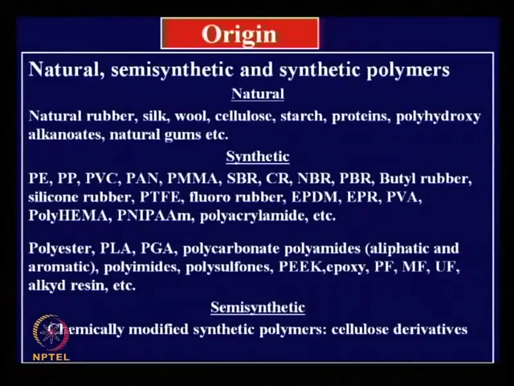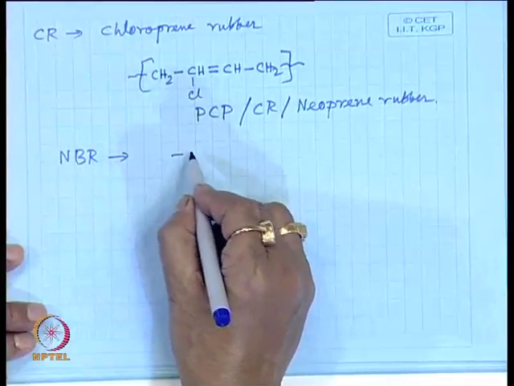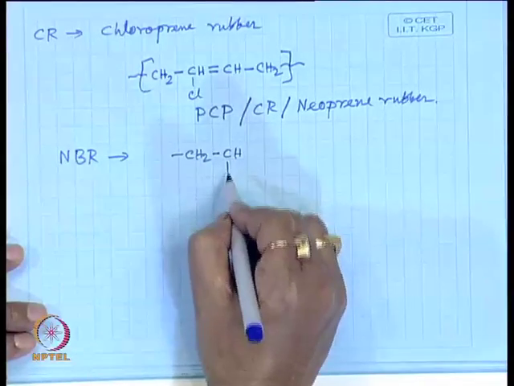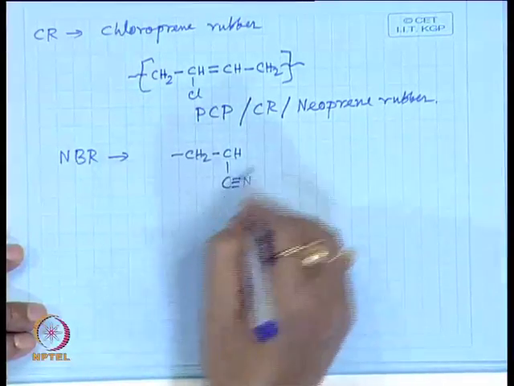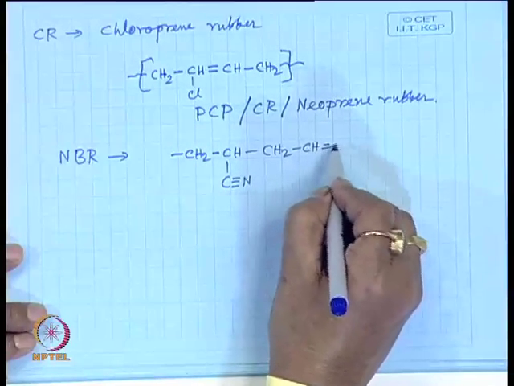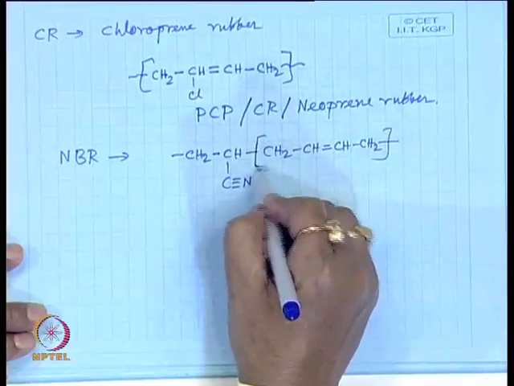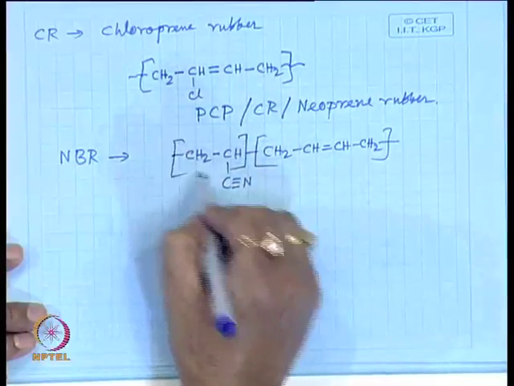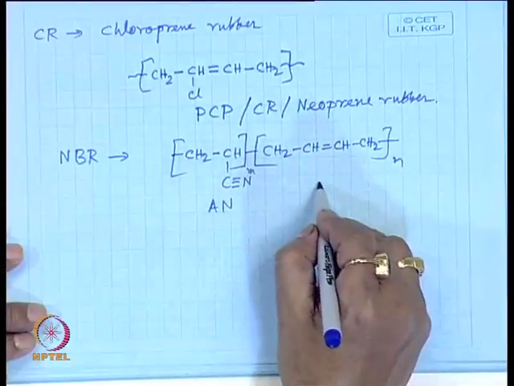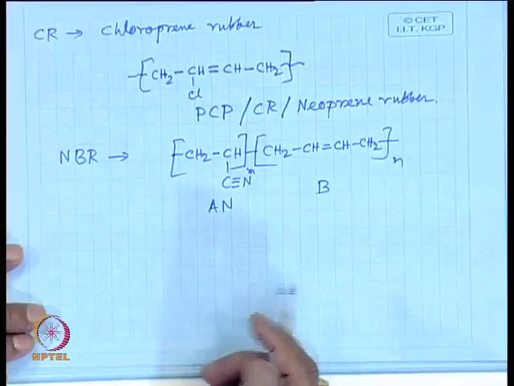NBR, it is a copolymer of acrylonitrile. This is acrylonitrile and butadiene, a copolymer of acrylonitrile and butadiene, nitrile rubber.